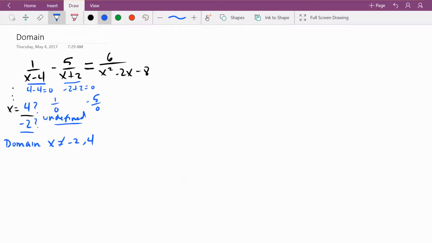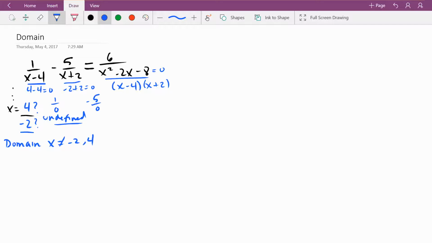Well, we also need to check this guy here. My assumption, it's going to be these same two, but let's check. If we factored this, because I want to set this equal to 0, let's see what the problem would be to create 0 in the denominator. X minus 4 and x plus 2, I believe, is the factors.